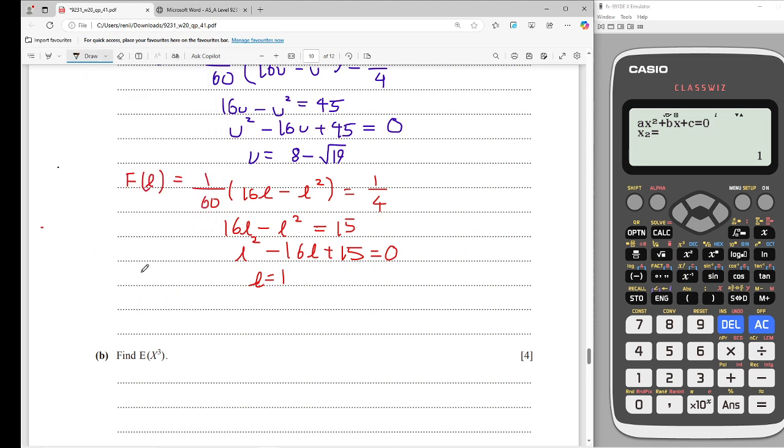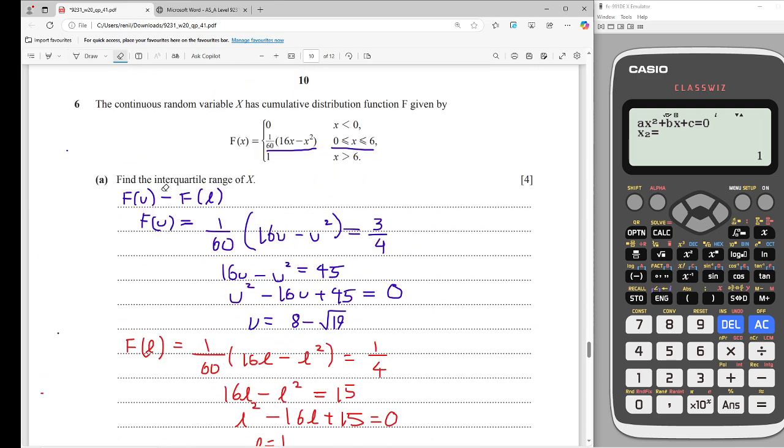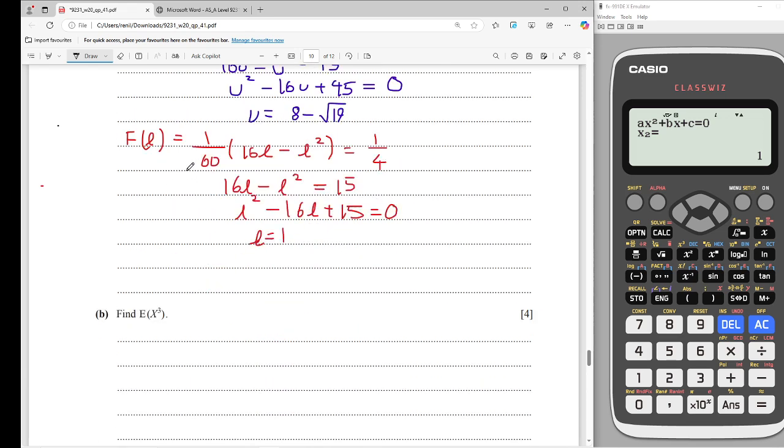So now that we have our values for u and L, we're just going to do, by the way, u minus L. That is the interquartile range. So that's going to be 8 minus root 19 minus 1, which is finally equal to 7 minus root 19.